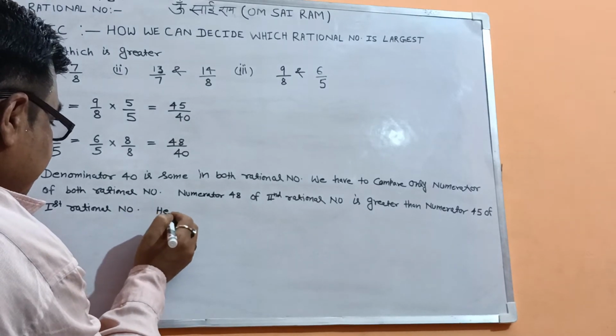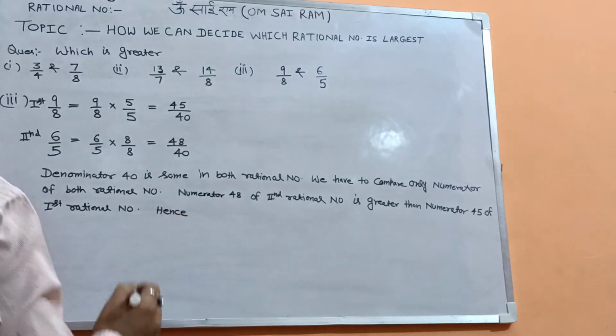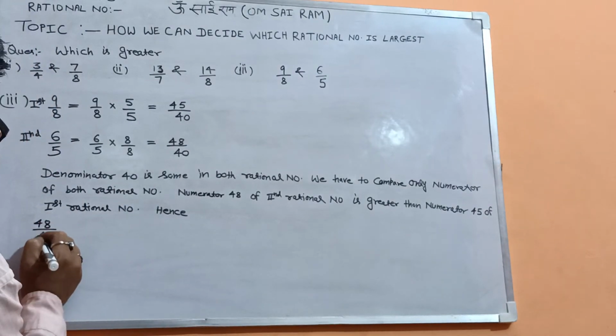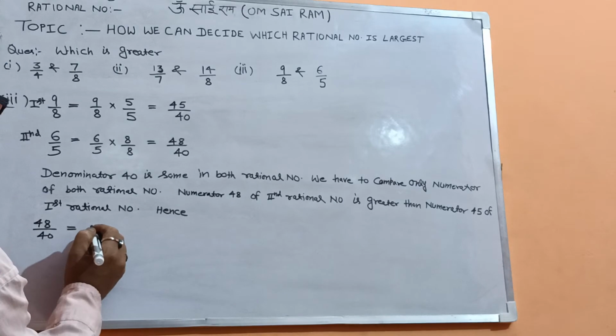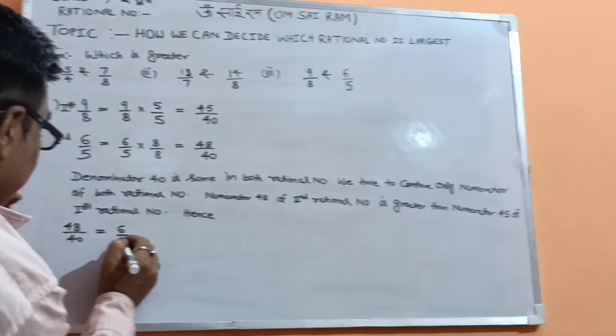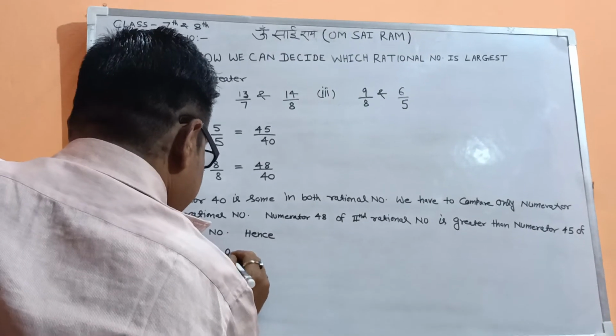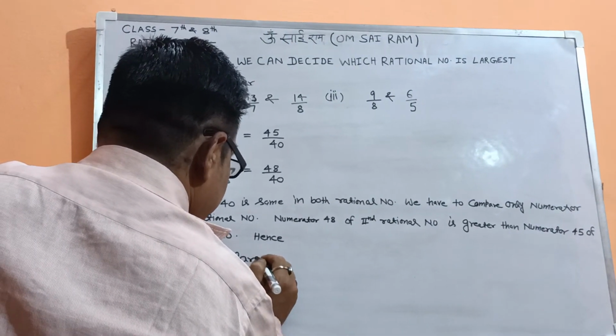Hence 48/40, that is 6/5, is the largest rational number.